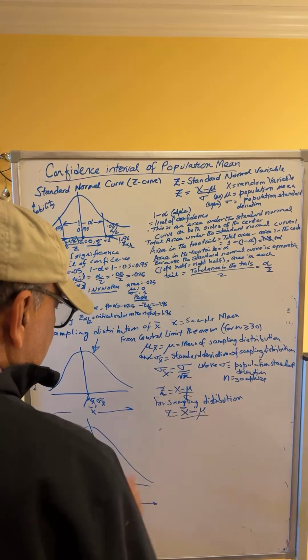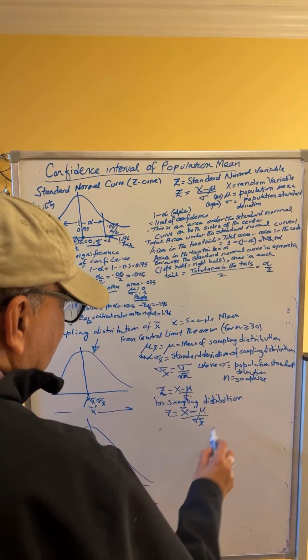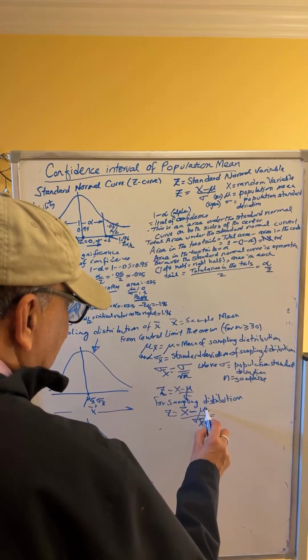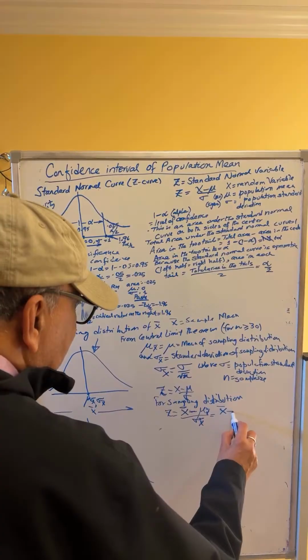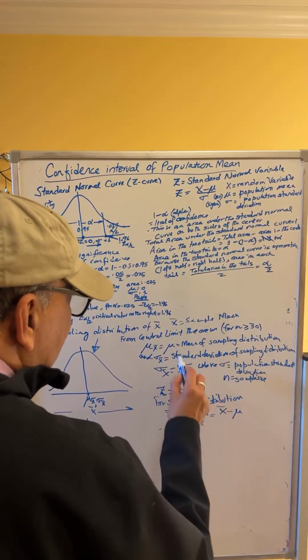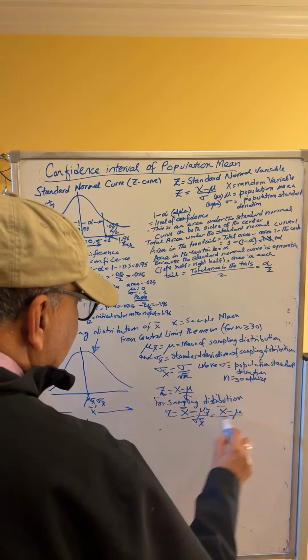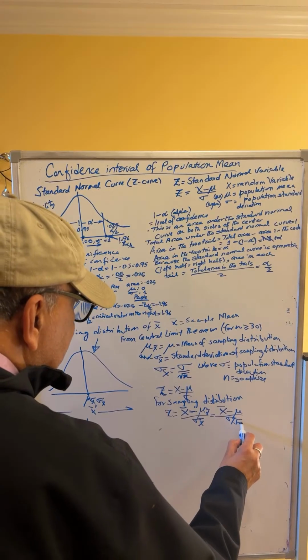However, in the denominator we have sigma x bar. From the central limit theorem, mu x bar is equal to mu, and sigma x bar is sigma divided by the square root of n.